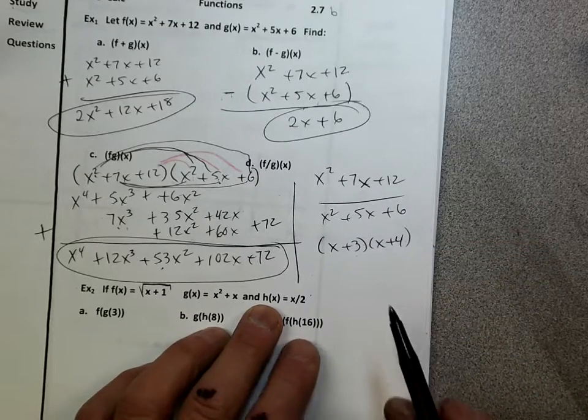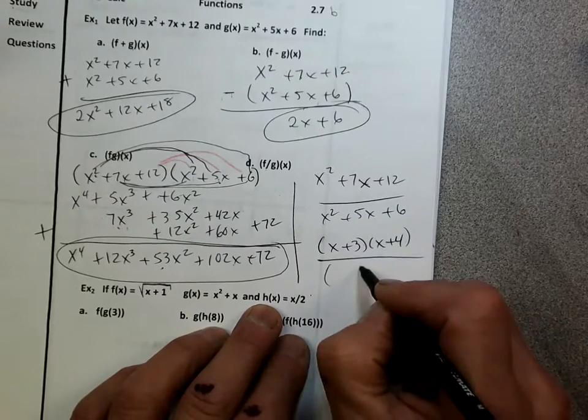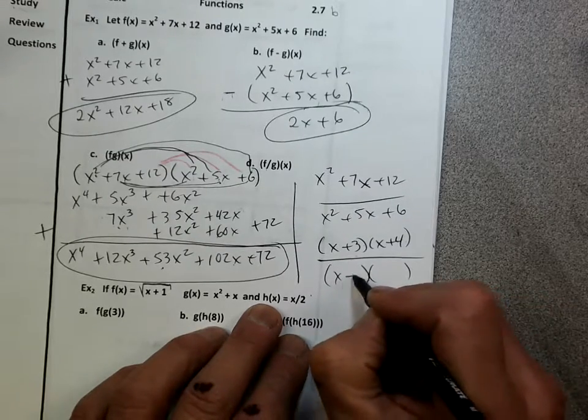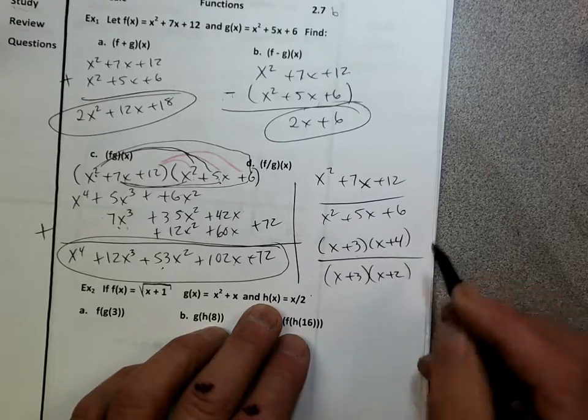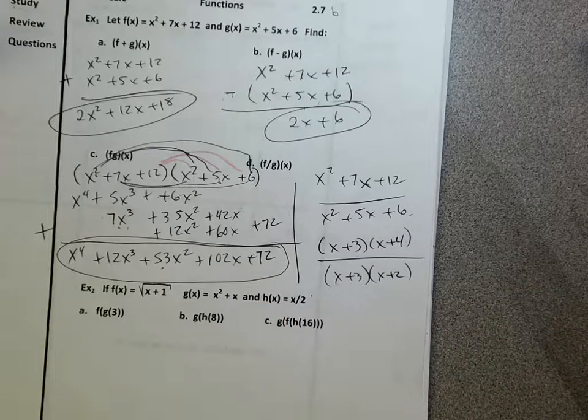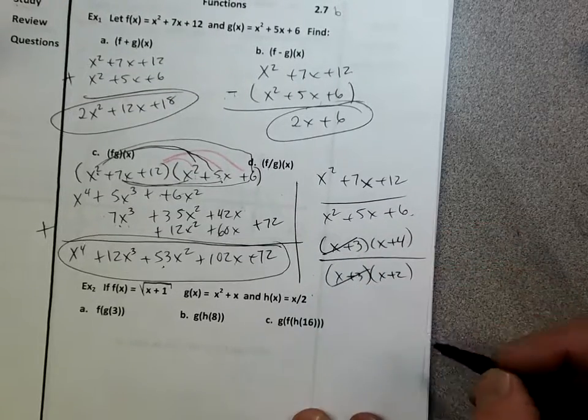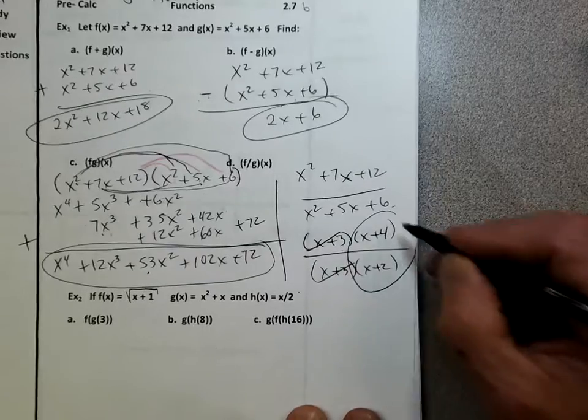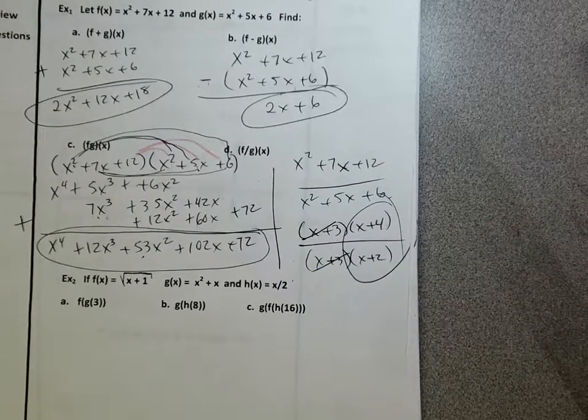And down here, x plus 3, x plus 2, multiples of 6 that add up to 5. Because we were able to factor, the x plus 3's will cancel, and our answer is just x plus 4 over x plus 2. That is the best answer.